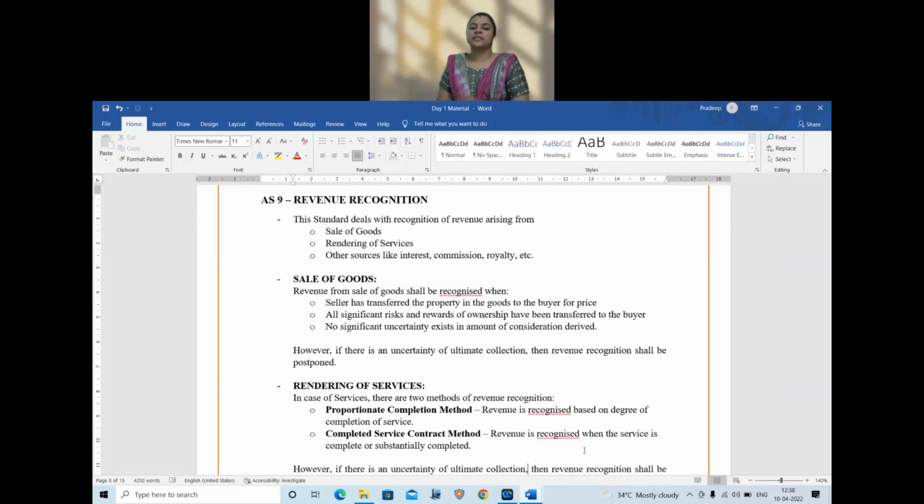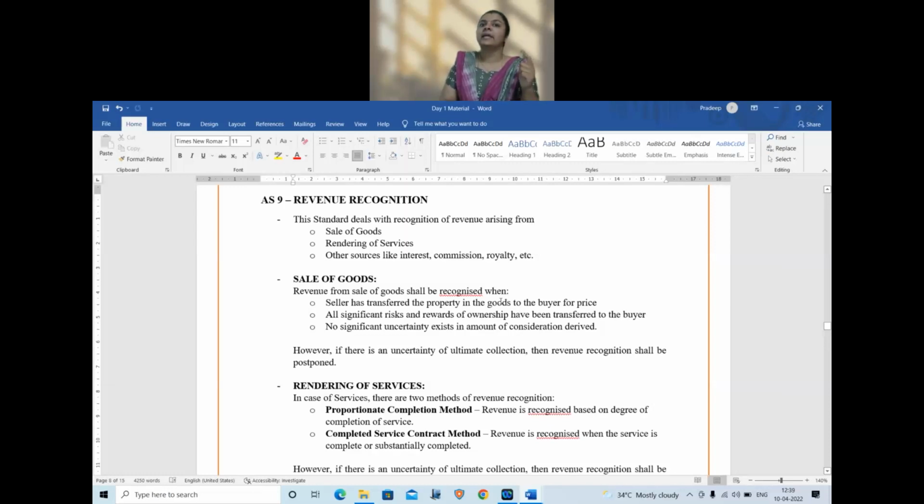Okay. So first rule for sale of goods. Revenue from sale of goods shall be recognized on 3 points. When the seller has transferred the property in the goods to the buyer for consideration. So the property in the goods has to be transferred. When I say property, it is not necessarily ownership.